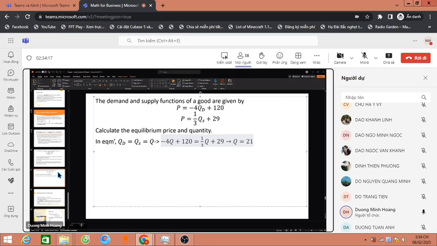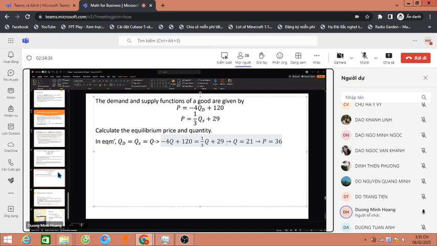Q equals 21, and then you plug that in. Well, Q equals 21 into either of these equations, and you arrive at P. So P equals 36.